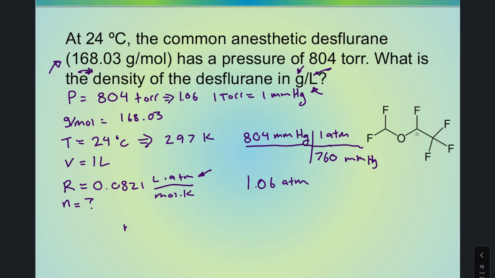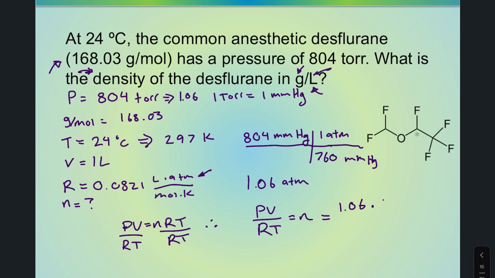So that's going to be PV equals nRT. We will divide by RT, and we will get PV divided by RT equals n. We'll plug and chug. So P is going to be our pressure that we just calculated in atmospheres, 1.06, times V, our volume, which is 1 liter.